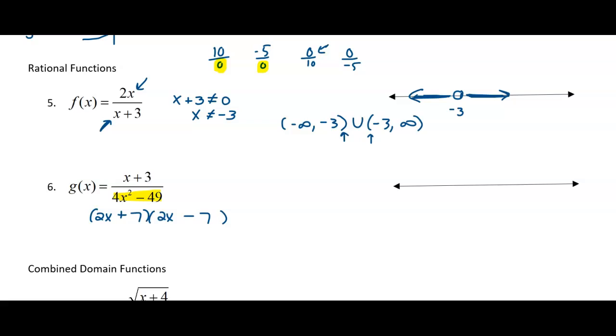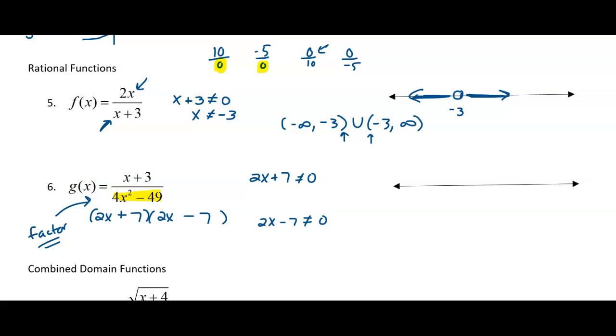Anytime you have something that can factor, you want to make sure you get that factored. Then you want to look at the bottom here, and set each of those factors so that you're stating that they cannot equal 0. So 2x plus 7 cannot equal 0, and 2x minus 7 cannot equal 0.